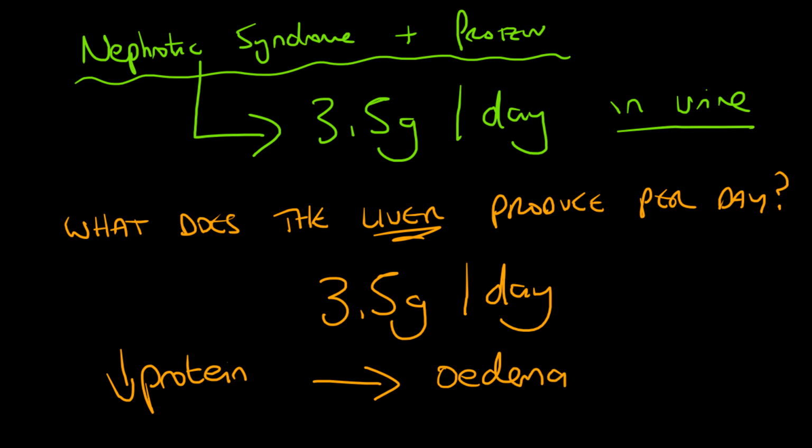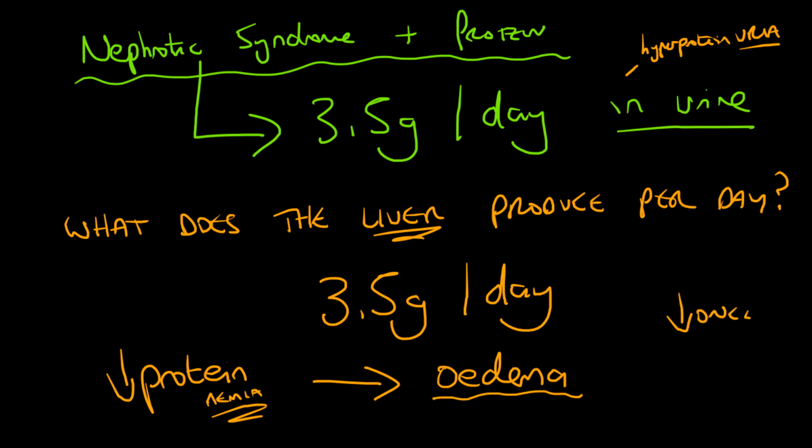That's called proteinuria, with hypoproteinemia in the blood. So less protein in the blood, more in the urine, because you're getting rid of it. So you're getting edema because you have low oncotic pressures in your blood.